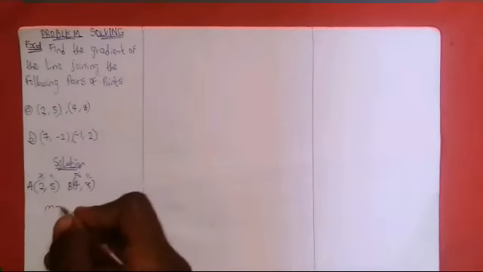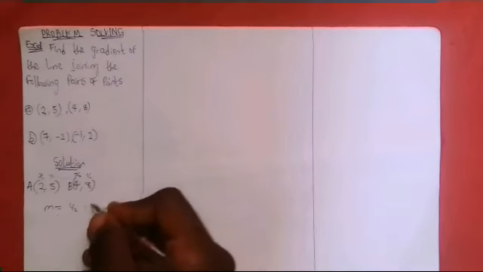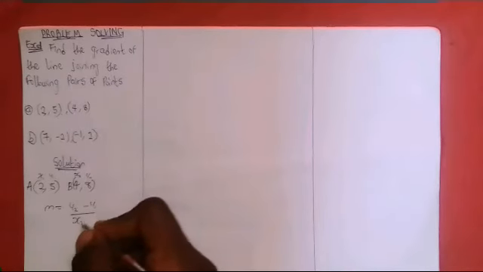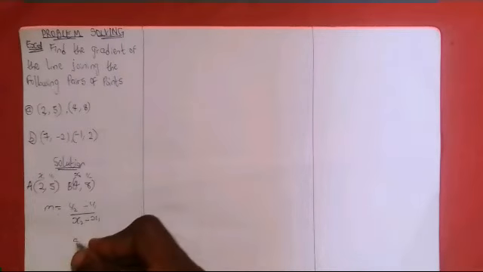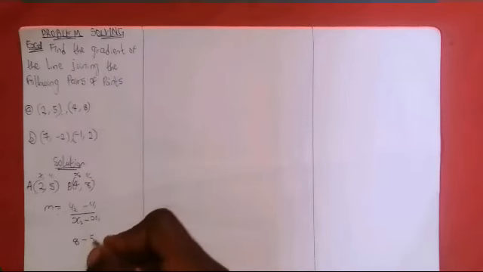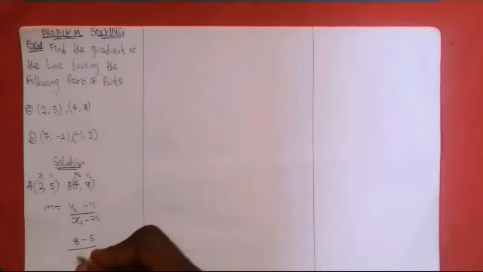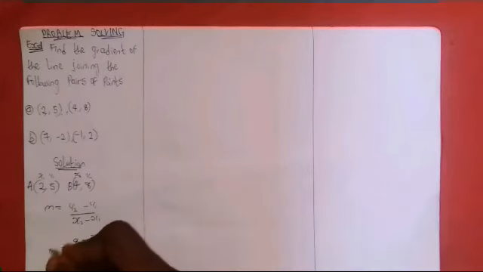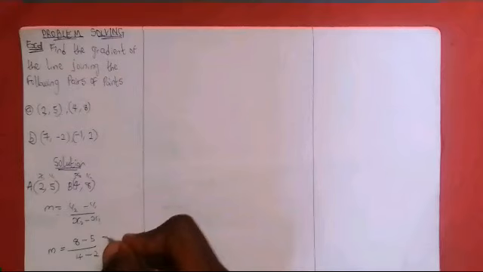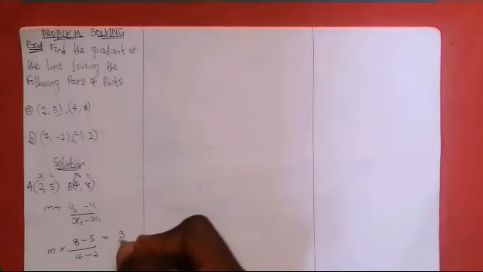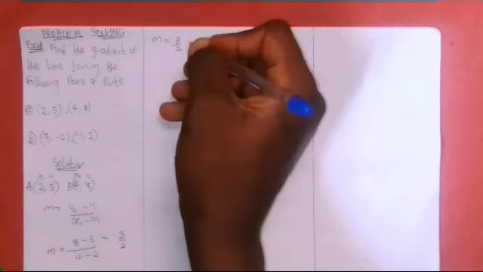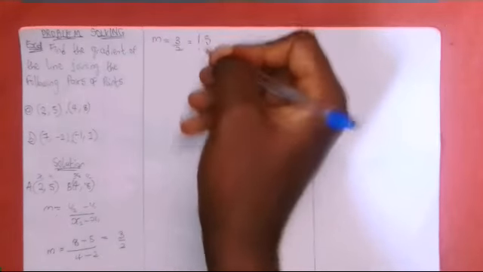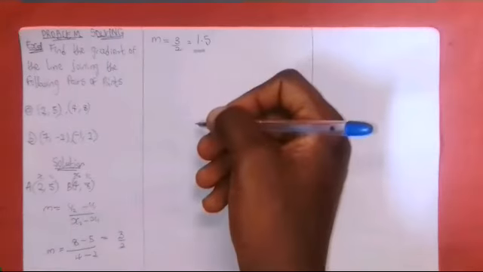We substitute because we want to find the gradient: y2 minus y1 over x2 minus x1. So what is our y2? Our y2 is 8. It's going to be 8 minus y1, which is 5, over 4 minus 2, which is equal to m. 8 minus 5 is 3 and 4 minus 2 is 2, which means that our gradient m is equal to 3 over 2 or 1.5. So that solves the first question.